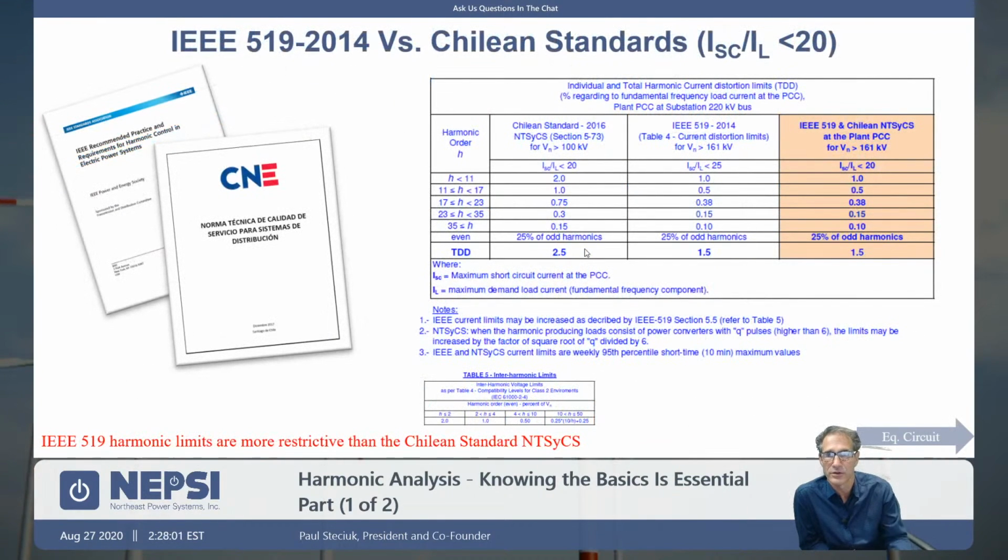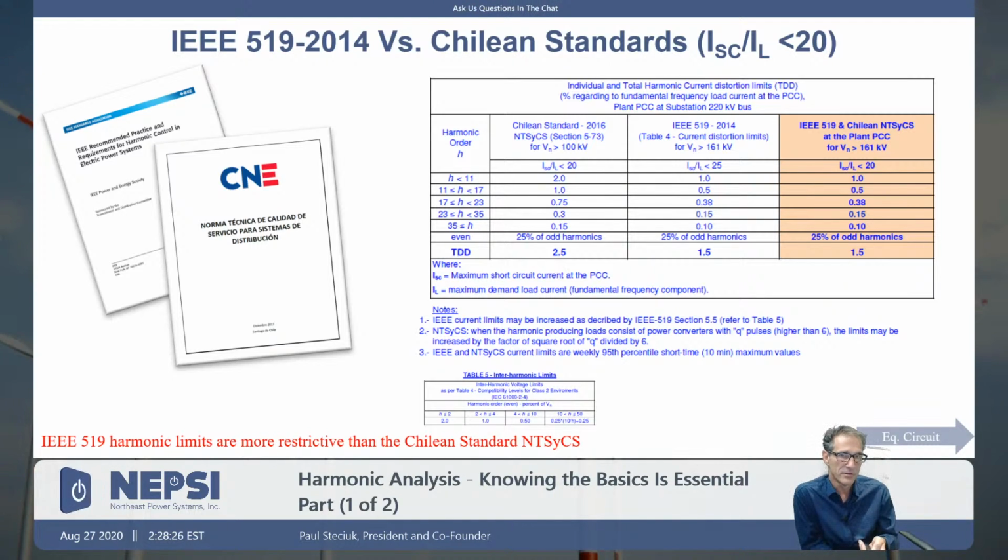Another interesting case is we were asked recently to do a harmonic study in Chile, to verify a harmonic filter that we were working on down there. It was desired that we meet both IEEE 519 and the Chilean standards.